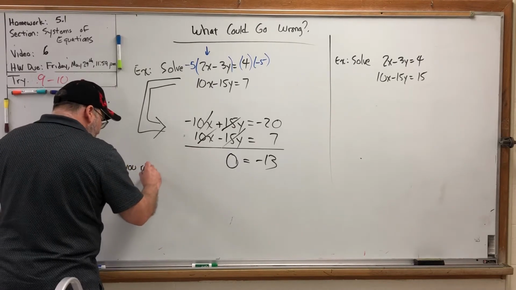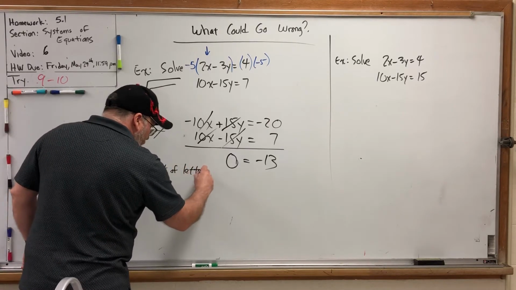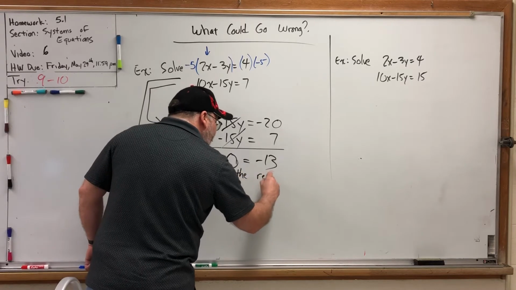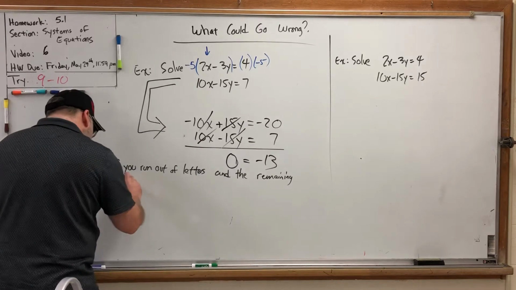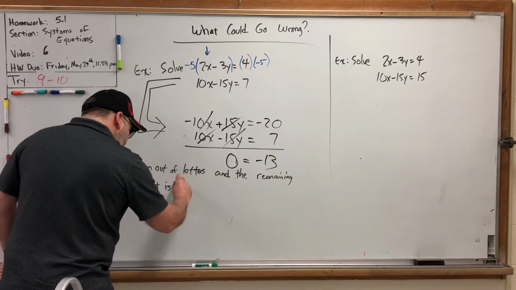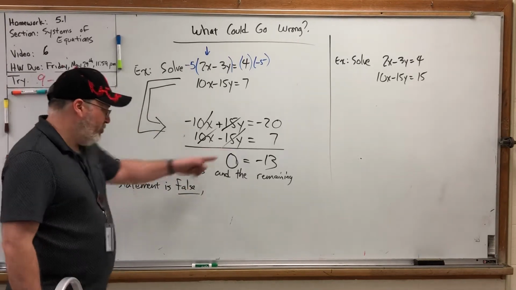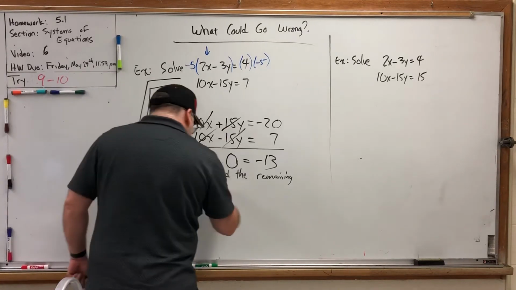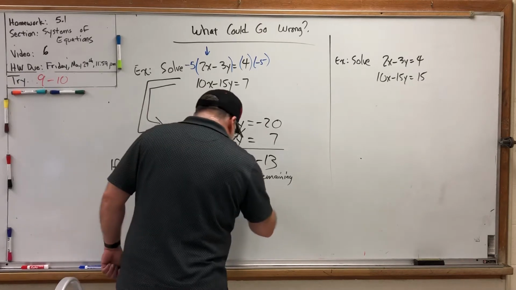If you run out of letters, we've heard this story before, and the remaining statement is false, I ran out of letters, and 0 equals negative 13 is a false statement. Then, we've seen this before, there is no solution.